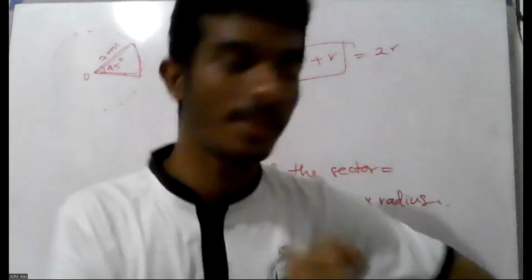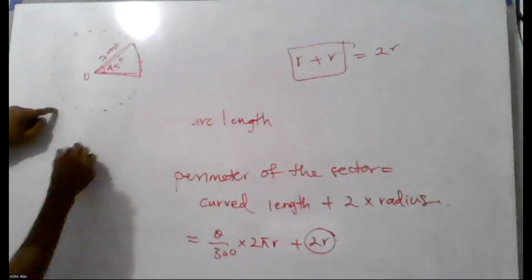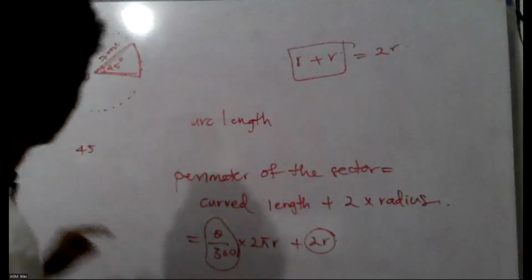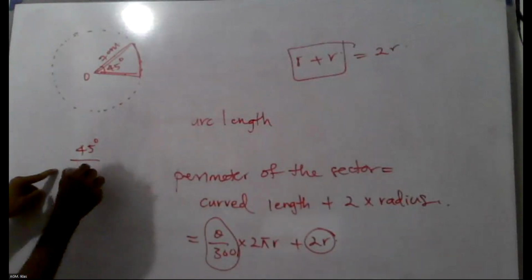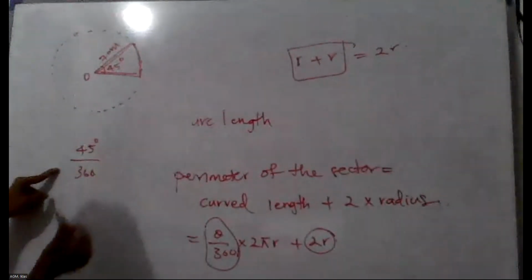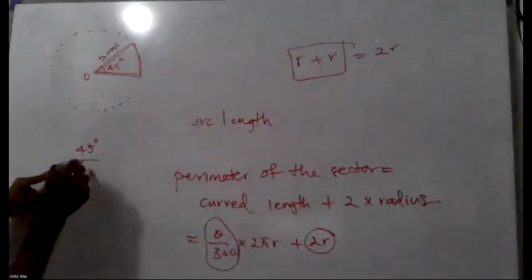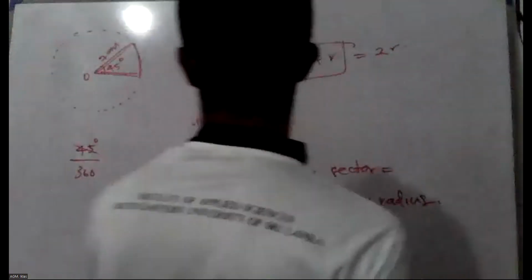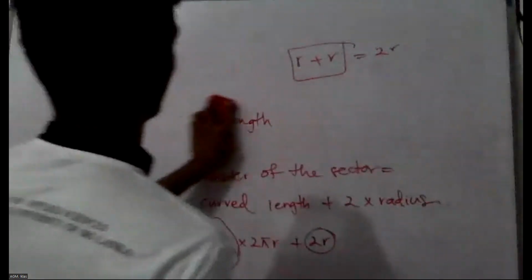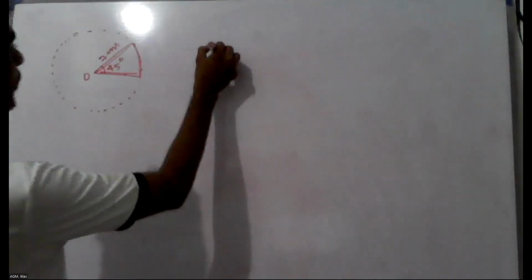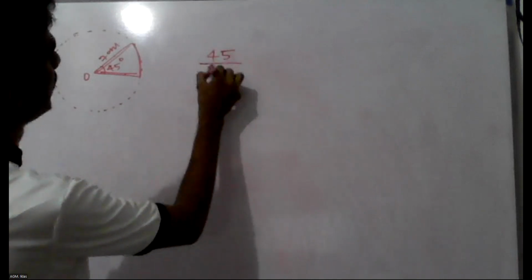What fraction? So here, theta over 360, 45 over 360. They are asking this portion only, the fraction. So 45 degrees over 360. If I simplify it, let me do that. The fraction is going to be 45 over 360.